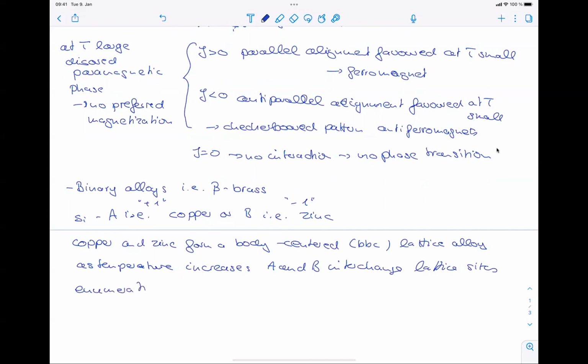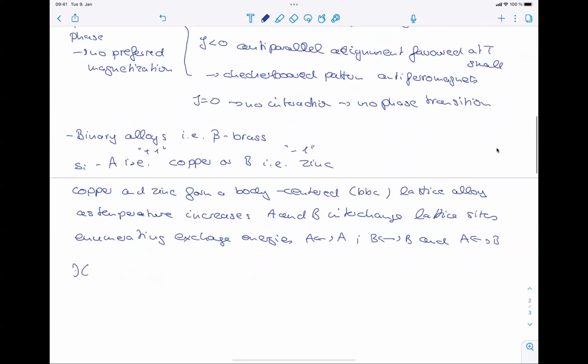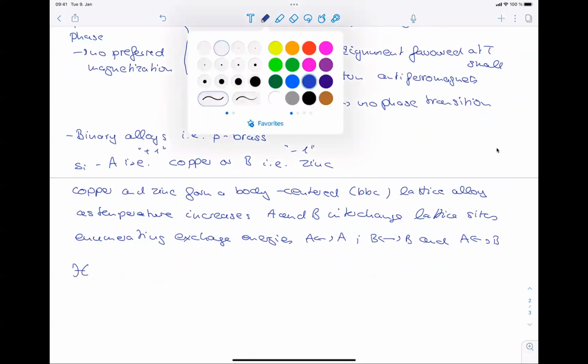And so we can enumerate the exchange energies if A and A change spots, B and B, and A and B. And so for that, let's box this.